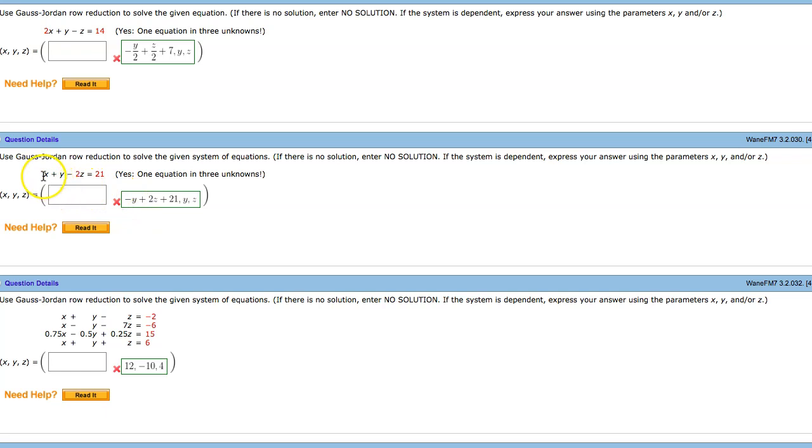Subtract over, and add over as the case may be, and you'll get x equals 21 minus y plus 2z. And they just put it in a different order. And indeed, yes, we have one equation and 3 unknowns. That's kind of funny, right?